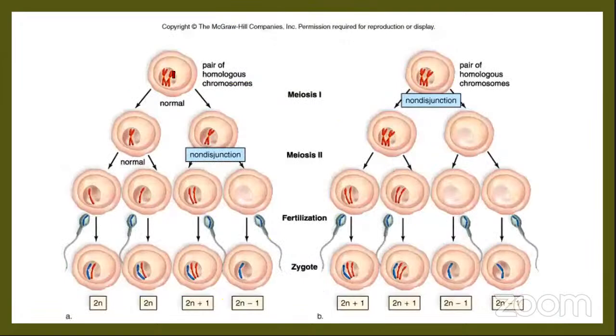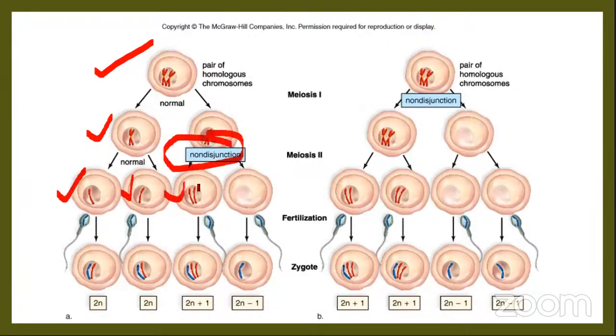Let's see another detailed drawing. Here you can see the pair of chromosomes, and under the normal condition they divide into 2, and each gamete gets one homologous chromosome. Under the non-disjunction condition, you can see the gamete has got 2 chromosomes, a pair of chromosomes, and another gamete has got nothing.